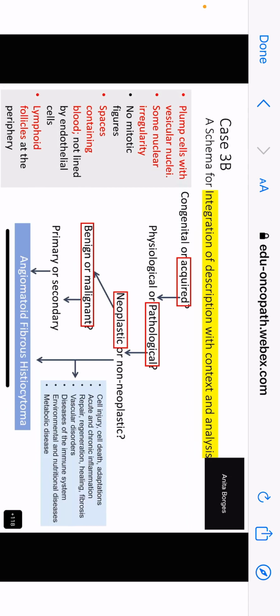Now, I do not think that if you didn't make the diagnosis, you are wrong. But if you had made all these observations and put it together, one thing I can assure you, you should not have reached the diagnosis of an epithelioid hemangioma or hemangioendothelioma, because there are no endothelial lined spaces, number one.